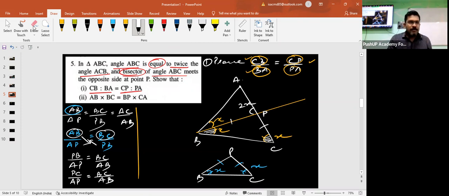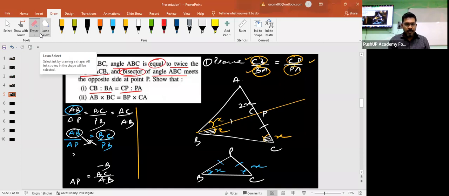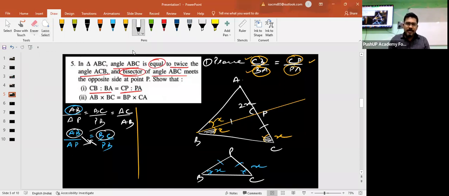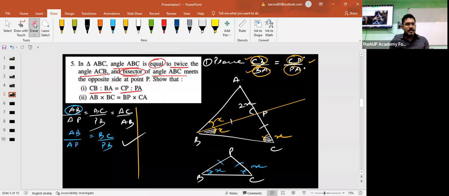Okay, I'll explain the final part again. Till this step, everything was fine. Now, when I looked at the final result which we have to bring, CB upon BA is equal to CP upon PA, I was noticing this part. I had got AB upon AP is equal to BC upon PB.